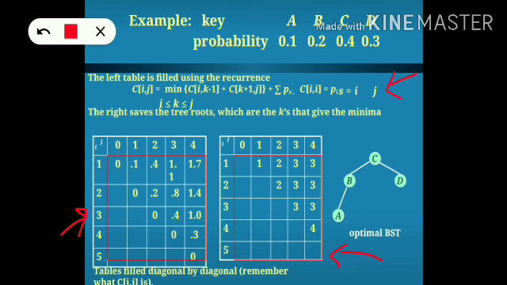C of i j is equal to min of C of i comma k minus 1 plus C of k plus 1 comma j plus the summation of the probabilities. Let us look into this problem step by step.